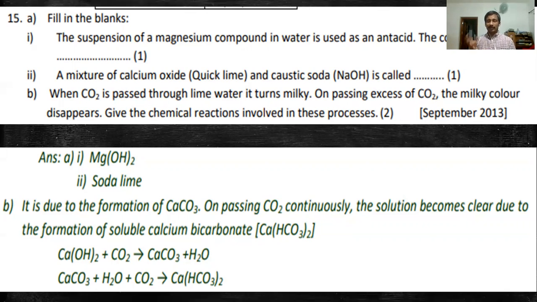On passing excess carbon dioxide, calcium carbonate changes to calcium bicarbonate, which dissolves. Give the chemical reactions involved. Ca(OH)2 plus CO2 gives CaCO3 plus H2O. First CaCO3 forms. CaCO3 plus H2O plus CO2 gives Ca(HCO3)2. Again, calcium bicarbonate is formed.